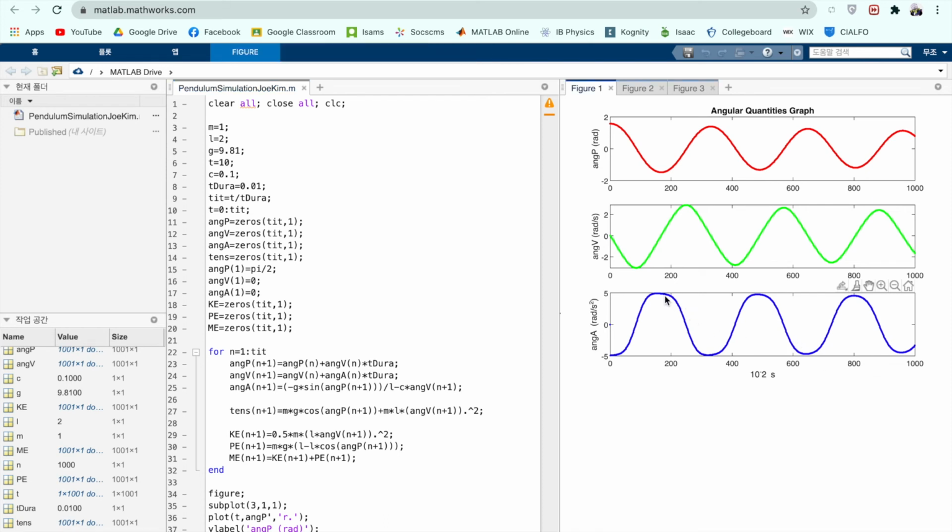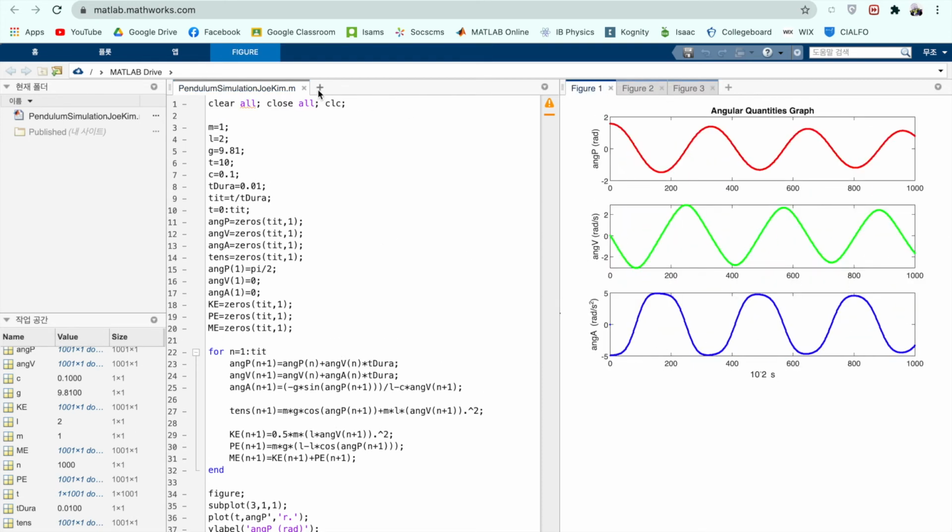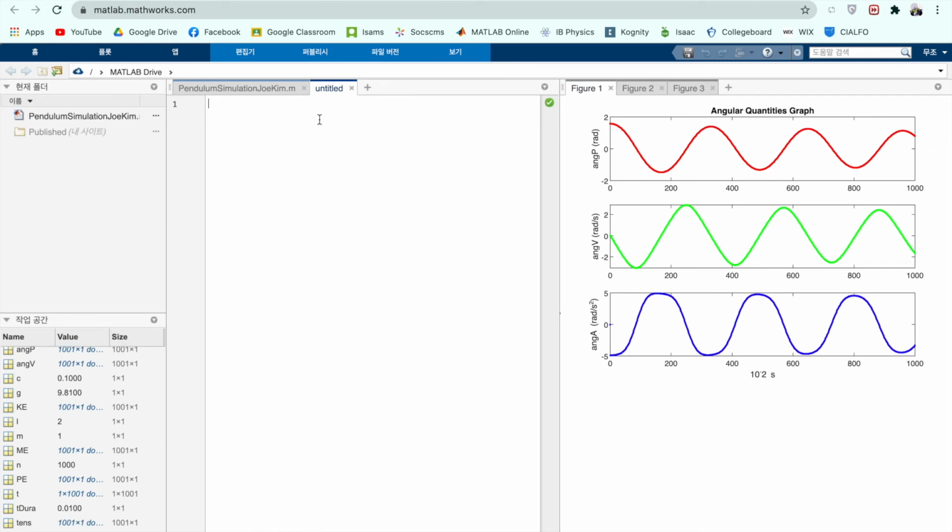But now you can see that the maximum values of these angular quantities don't really change, although before they changed quite a lot. So yeah, those are the graphs, and now I'm going to move on to making a new script, and now I'm going to actually make the simulation part.